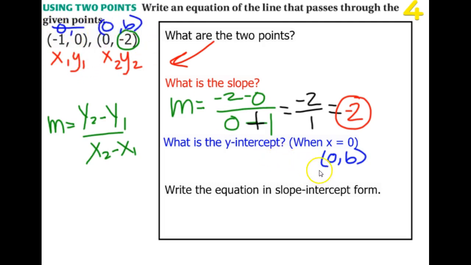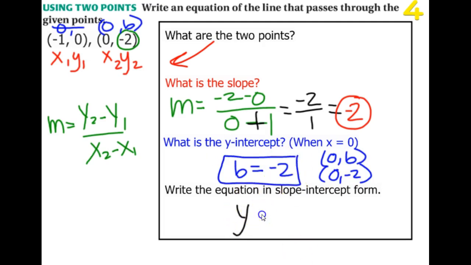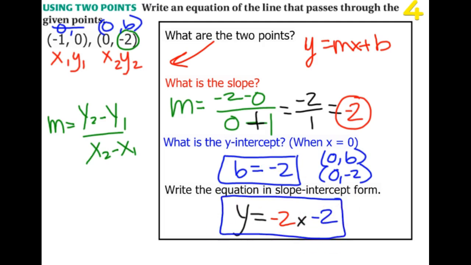So this is our point that we're looking for, 0, negative 2. So our b is really a negative 2. So our equation would read y equals negative 2, because that's our slope, and in the form y equals mx plus b, negative 2x, and then plus or minus b, b is negative 2, so it's a minus 2.